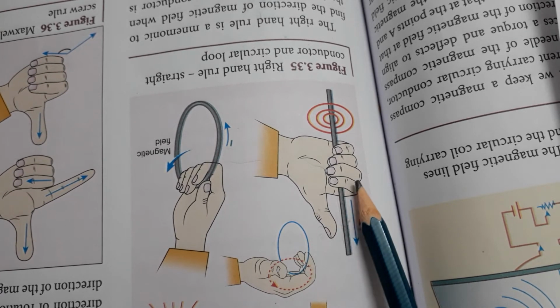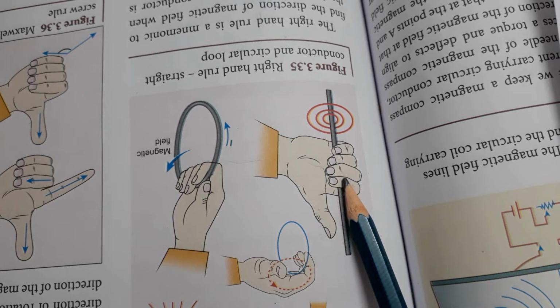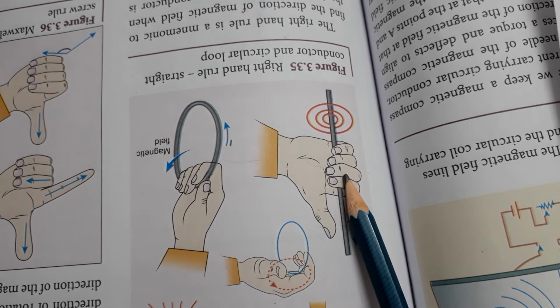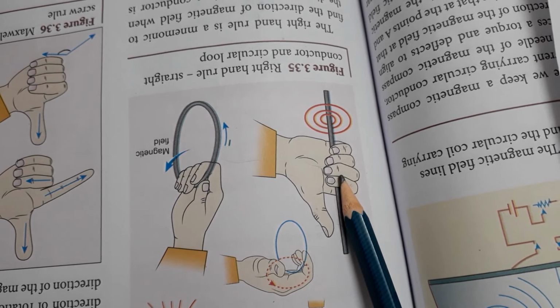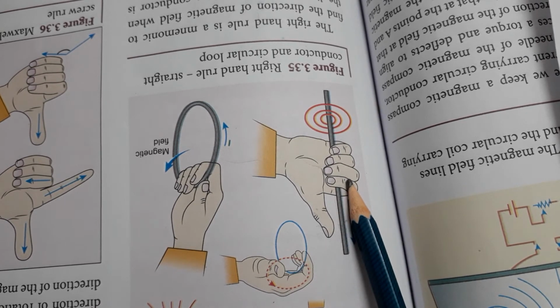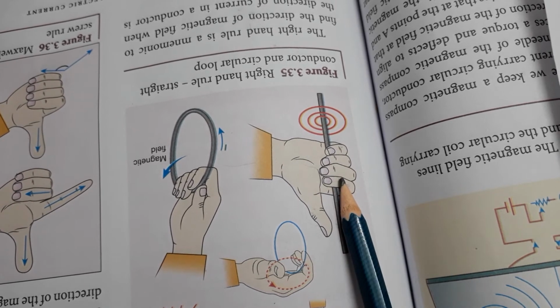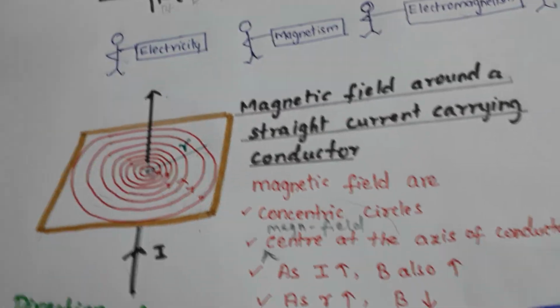This curled finger represents the direction of the magnetic field. You can see that you have curled the fingers in the anti-clockwise direction, so the direction of the magnetic field must be anti-clockwise. Got it, children? This is the right hand grip rule. The thumb points in the direction of the current, and the curled fingers point in the direction of the magnetic field. In this case it is anti-clockwise.